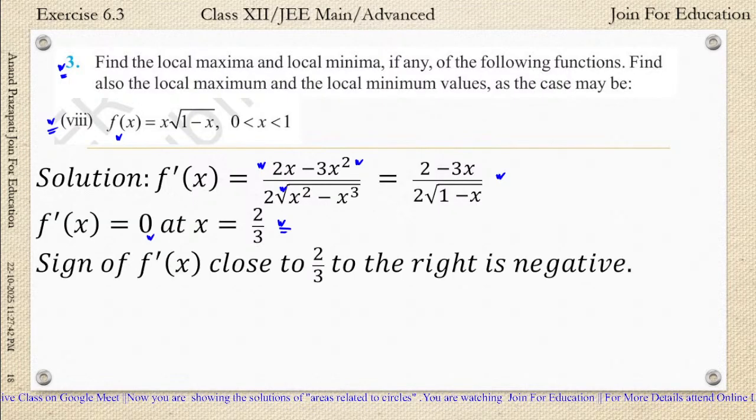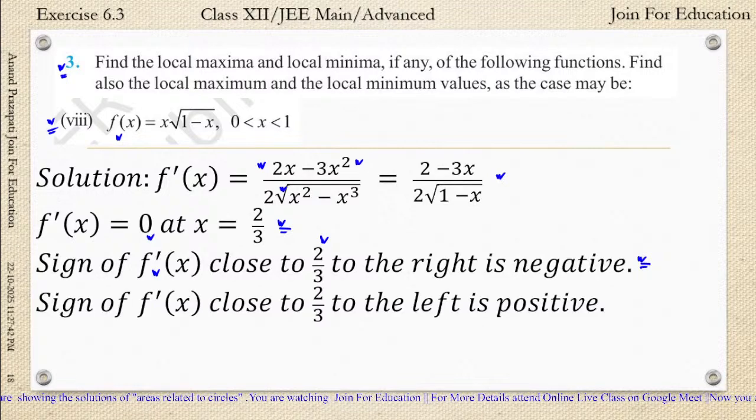Sign of f dash x, or first derivative of f x, close to 2 by 3 to the right is negative. Sign of f dash x close to 2 by 3 to the left is positive.